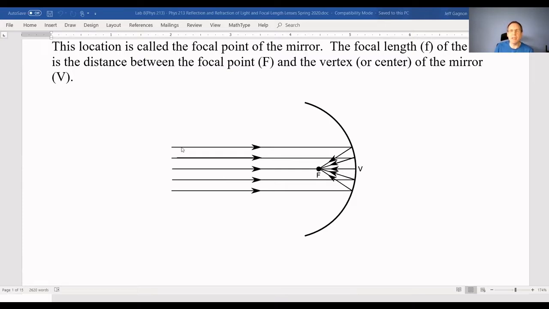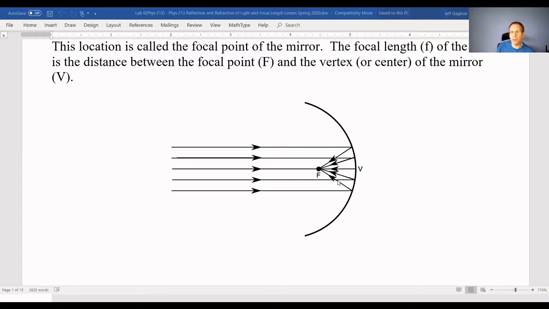But what happens is the beam comes in, it reflects off of that concave mirror. So it's doing something like this. This beam comes in, reflects off. The one in the center is going to reflect right back on itself. And it turns out that all of these reflected rays are going to meet at one point.